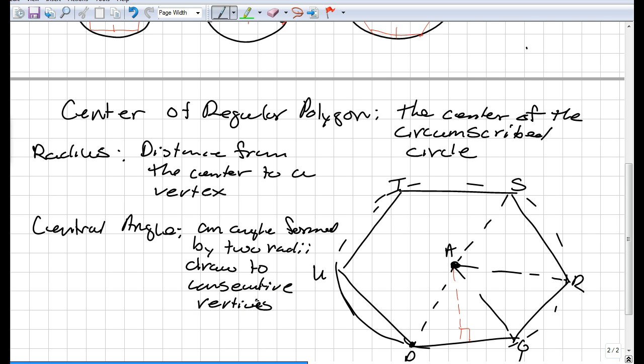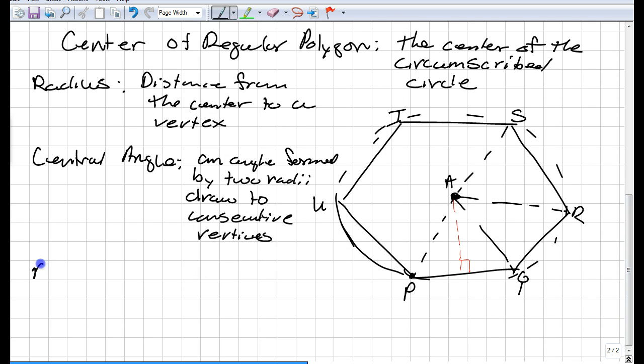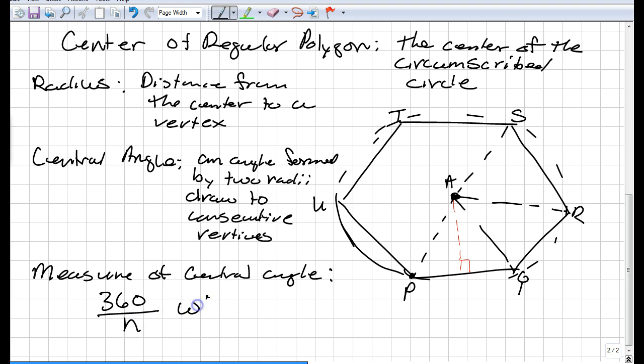Okay? The measure of the central angle is just 360 divided by the number of sides.